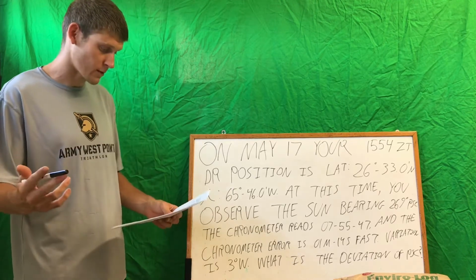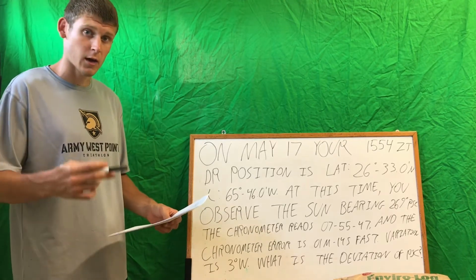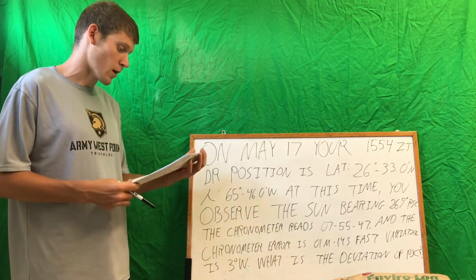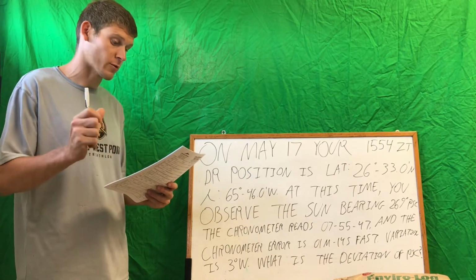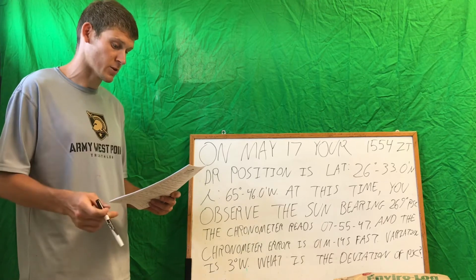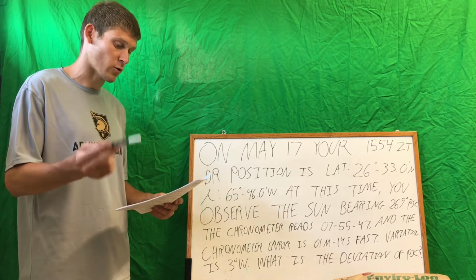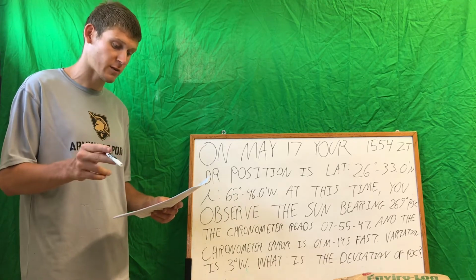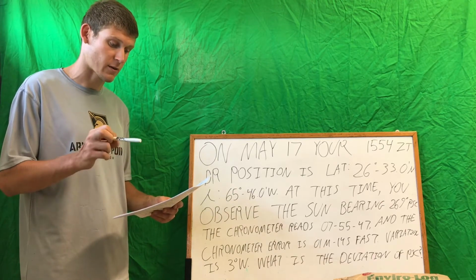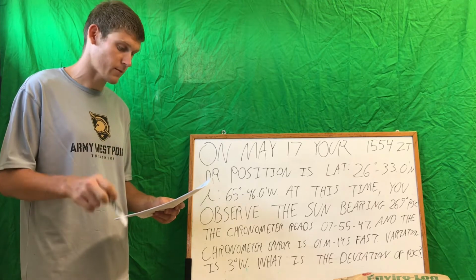Alright, so the 2018 U.S. Coast Guard question reads this. On 17 May, your 1554 zone time DR position is latitude 26 degrees 33 minutes north, longitude 65 degrees 46 minutes west.